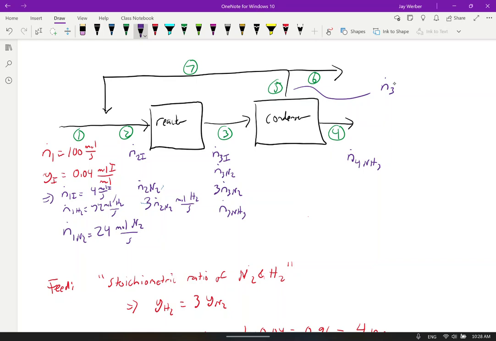I guess we don't really know the composition at all. So we do know that the compositions of streams 5, 6, and 7 are going to be the same. But for now, I'll just have it labeled as the molar flows.